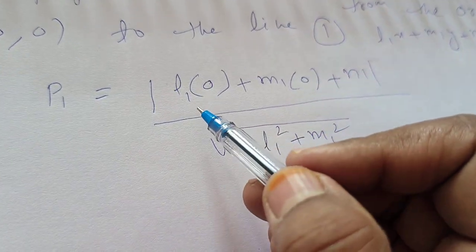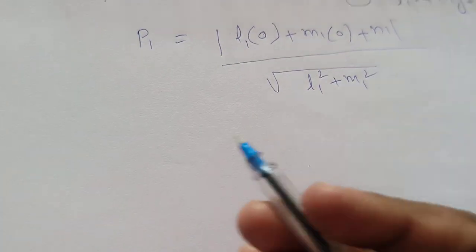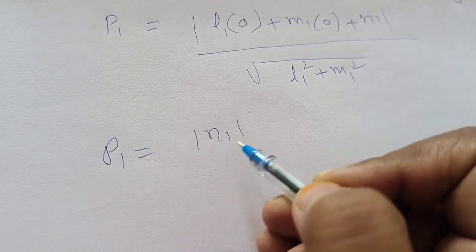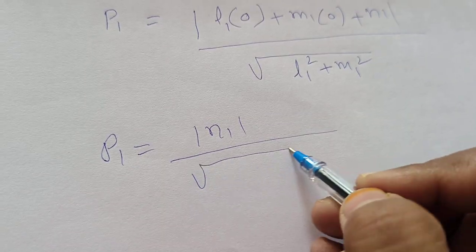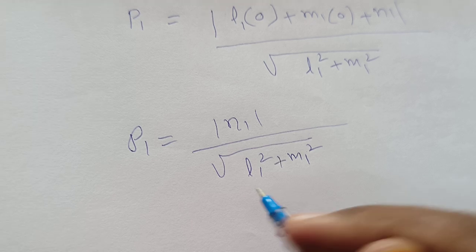So 0 into L1 becomes 0, 0 into M1 is also 0. Here we get the perpendicular distance P1 is equal to N1 by under root L1 square plus M1 square.